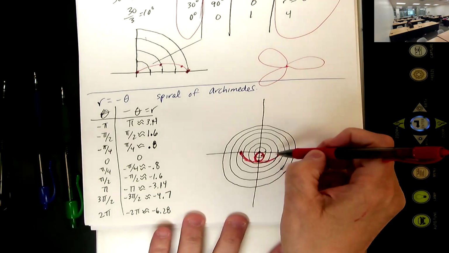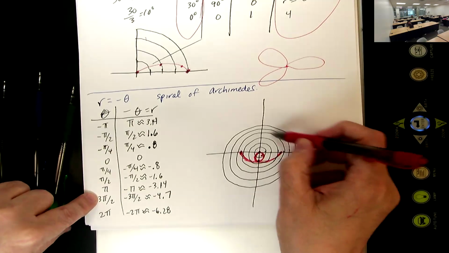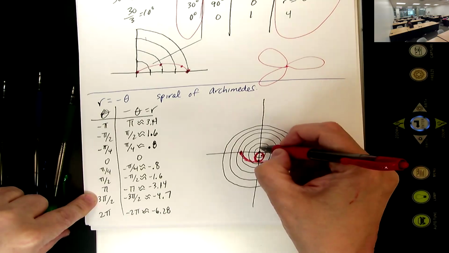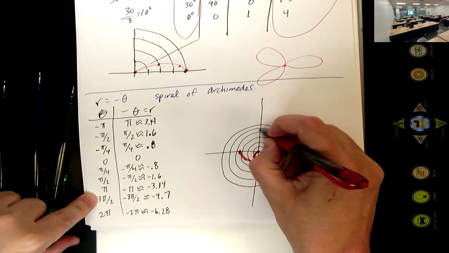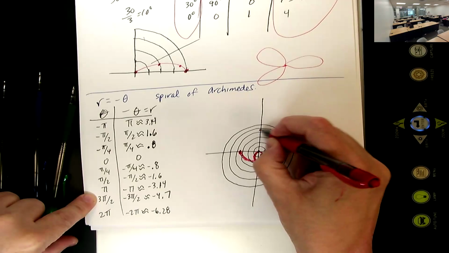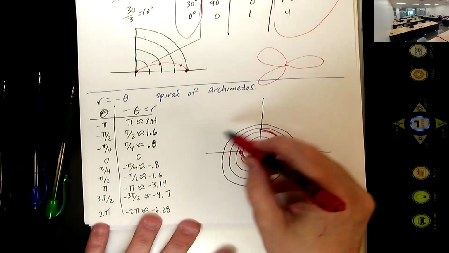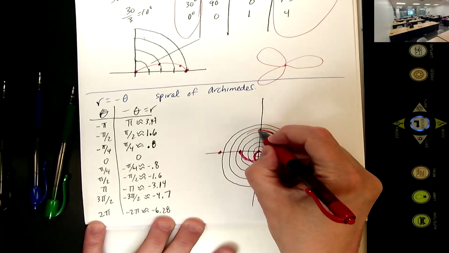And 3 pi over 2 is going all the way around here and it's negative 4.7, 1, 2, 3, 4, right about there. We're coming up to here. And 2 pi is going all the way around, and we're at negative 6.28, which is over here.